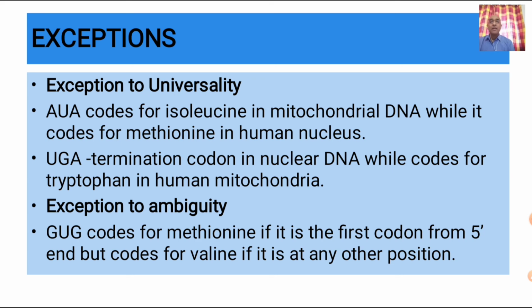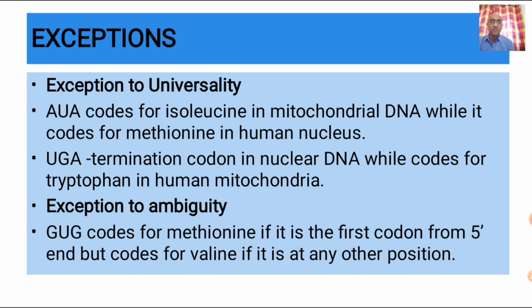Another exception to the genetic code concerns ambiguity. We have already studied that it is non-ambiguous, that is, the codon specifies the same amino acid irrespective of its position on mRNA, whether it is in the first, second, third or fourth position.